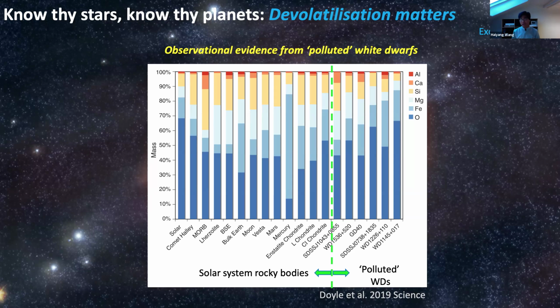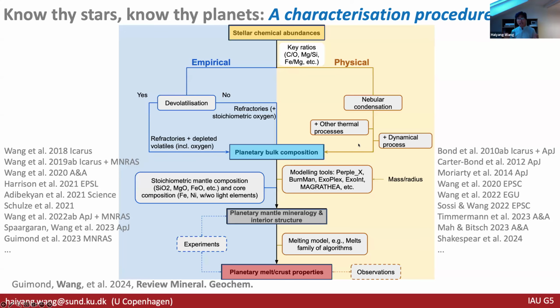Therefore, devolatilization is a universal observational phenomenon. So we rely on stellar composition, but it does not translate one-to-one, and importantly we need to consider this devolatilization process.